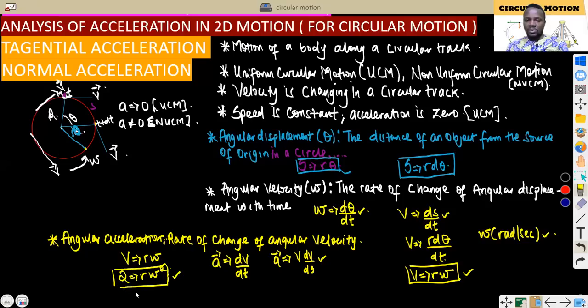So angular acceleration is measured in radians per second squared, which we write as rad s raised to power negative 2. Keep that at the back of your mind. It's very, very important. You can see what I'm doing: v equals r omega, and I've only differentiated with respect to what we have done.